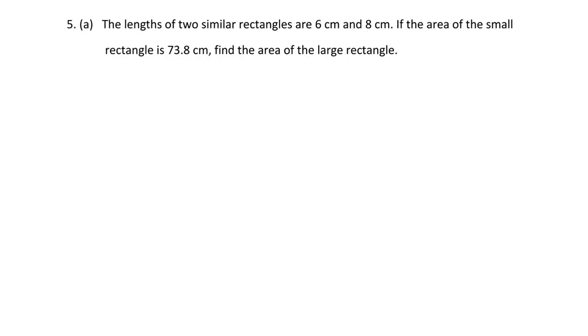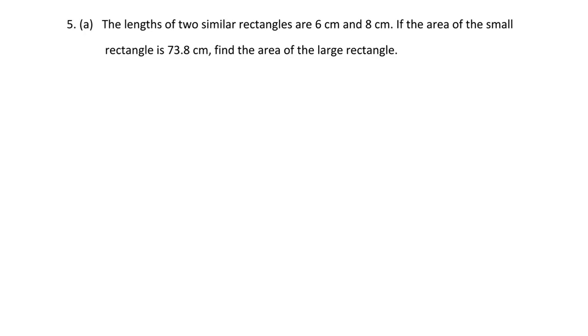Question number 5, part A. The lengths of two similar rectangles are 6 cm and 8 cm. If the area of the small rectangle is 73.8 centimeters squared, find the area of the large rectangle. Okay, so this is the similarities problem.